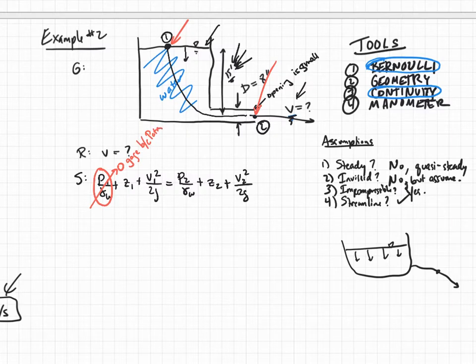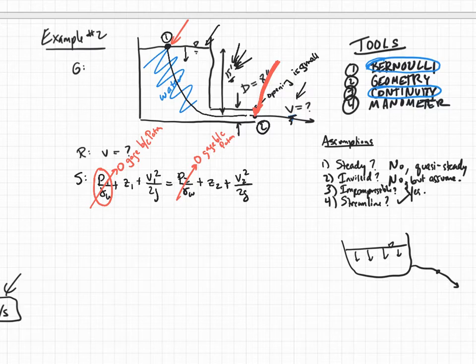So that's what you're always looking for. This point 2, which I have chosen, is also in the atmosphere because it is exiting that pipe into the atmosphere. So we can say 0 gauge because it's P atmosphere.